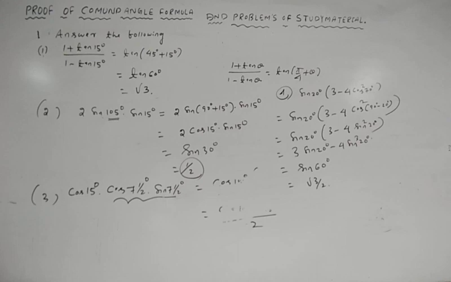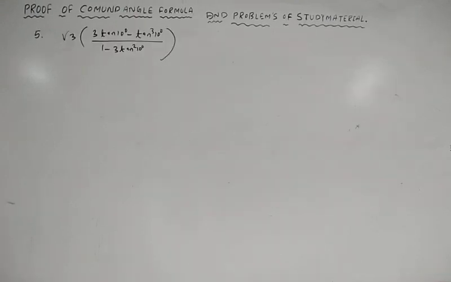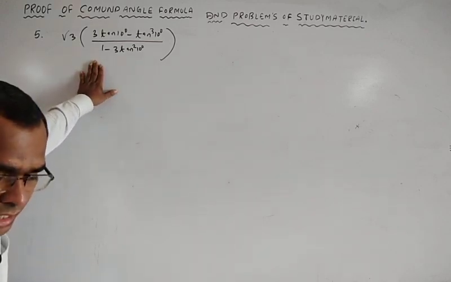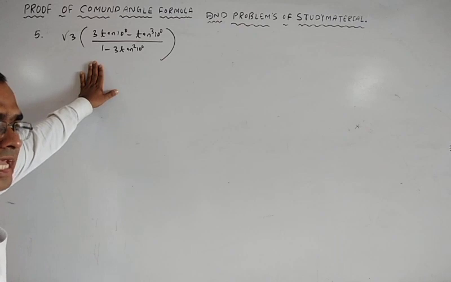Sin 60 is equal to root 3 by 2. Okay, next we do another problem: root 3 tan 10 degree minus tan cube 10 degree by 1 minus 3 tan square 10 degree. This is the formula (3 tan A minus tan cube A) by (1 minus 3 tan square A), and you know this is the formula for tan 3A.